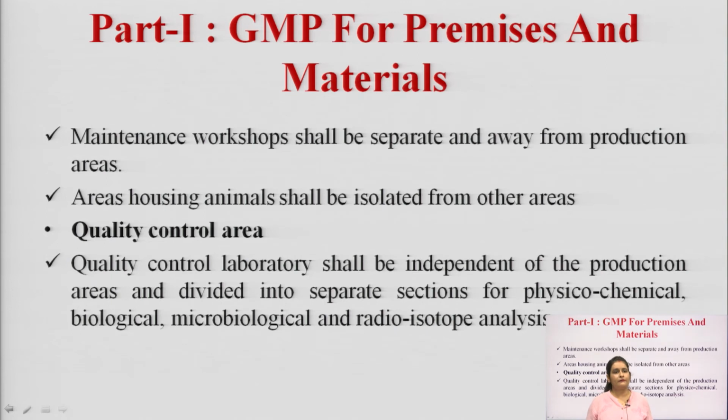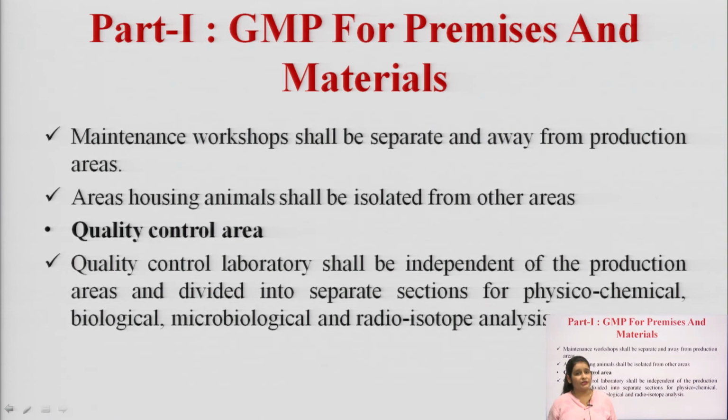Next is our quality control area. This is, you can say, the backbone of the company, where the samples are tested, and where the final products and intermediate products are tested. While setting up this area, we should be very aware of some points.